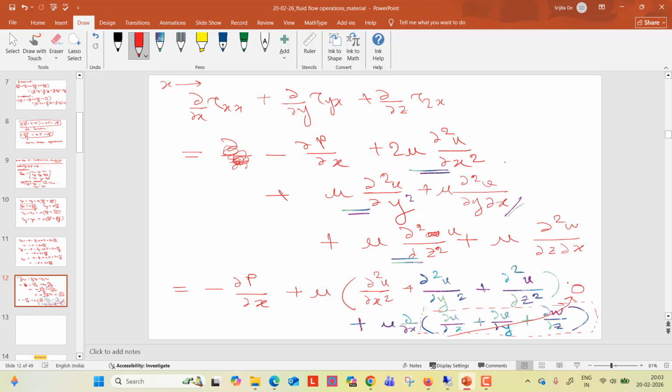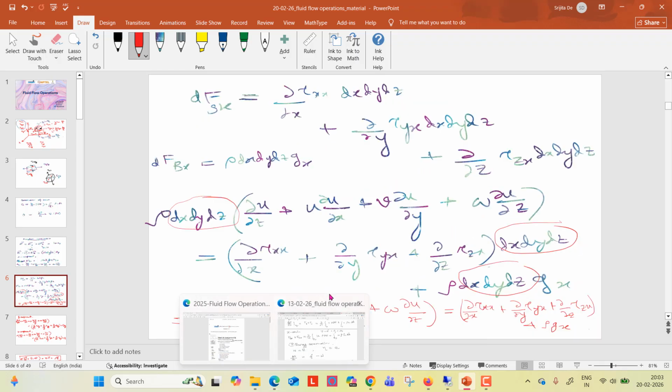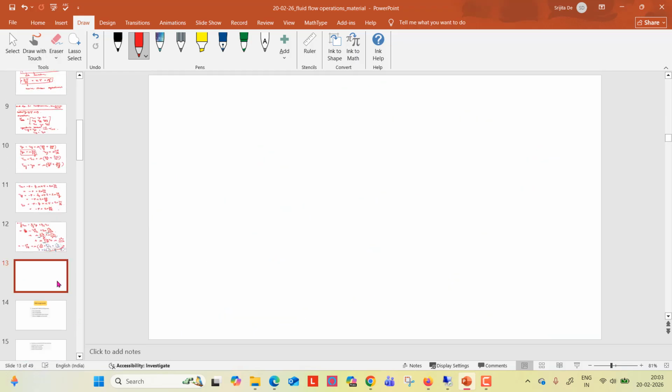We are left with the rest of the terms. So now if we go back and put this expression in the x component of the Navier-Stokes equation, that is this. So now we have the expression for this whole term, right? So if we go back and put this, what will come? The left hand side is already as it is.